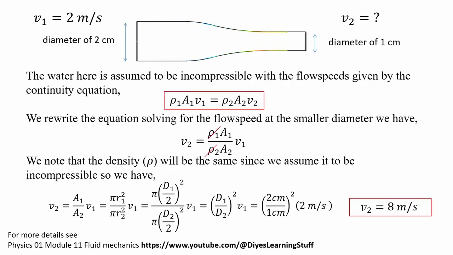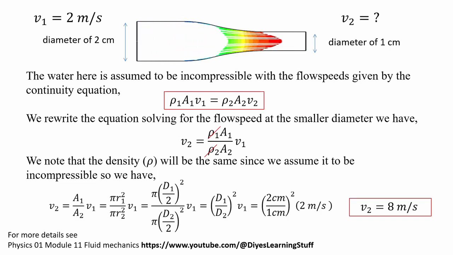Here we look at the image where a fluid enters a tube on one side with a diameter of 2 centimeters. The initial speed at this point is given as 2 meters per second. The water here is assumed to be incompressible, with the flow speeds given by the continuity equation. Since it is incompressible, the density cancels out and we are left with a much simpler equation.